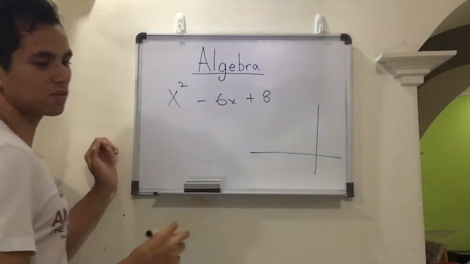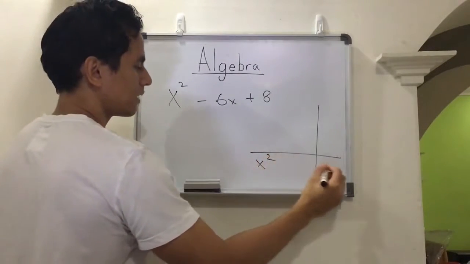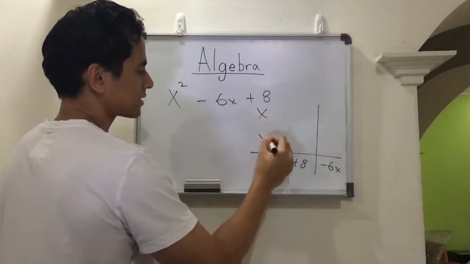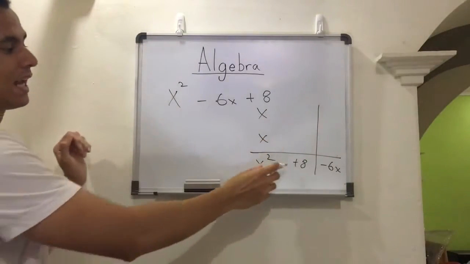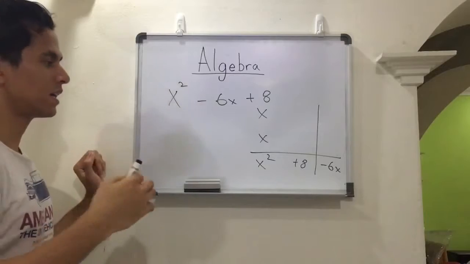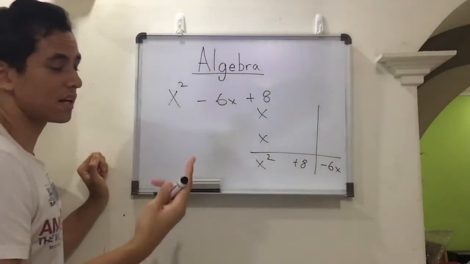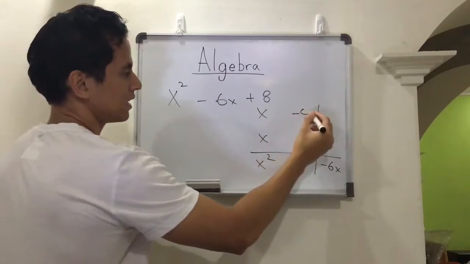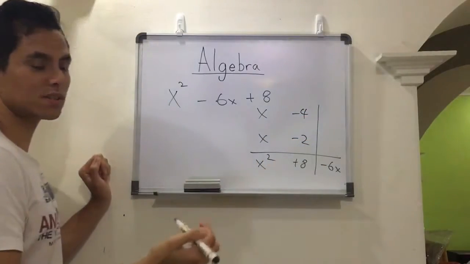And now I'm not going to write a circle, so what should happen is just x squared minus 6x plus 8. So x and x, and I want to get 8, so I use some trial and error. I observe this, I see that hey, -4 and -2, it works out.